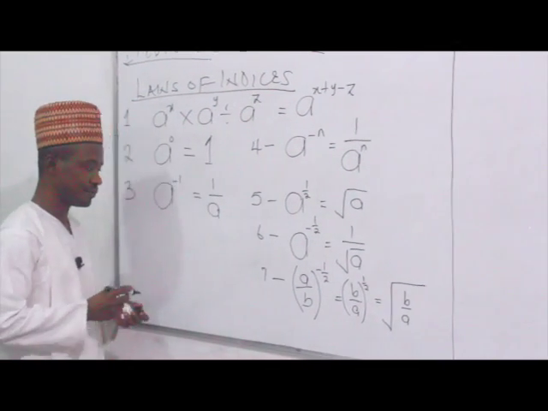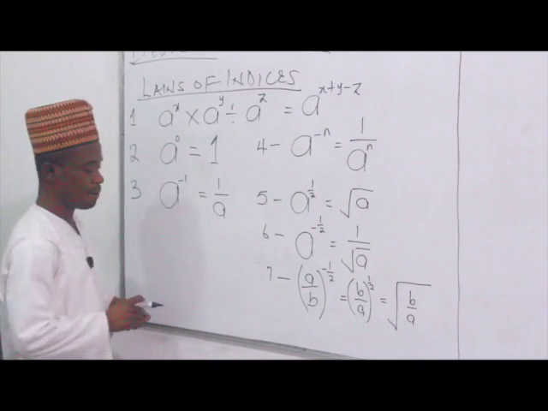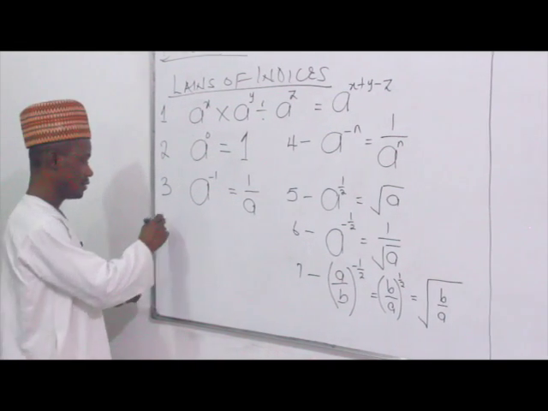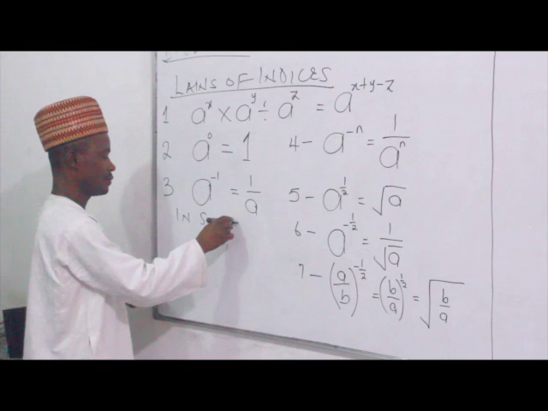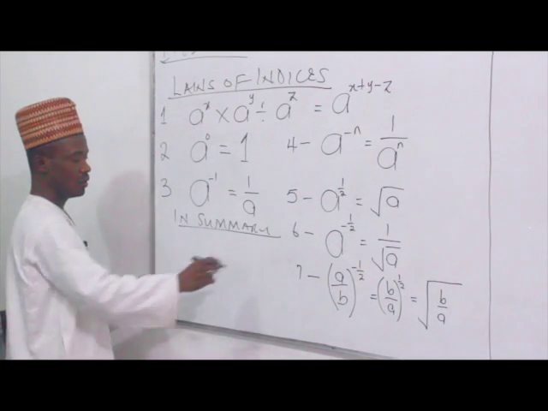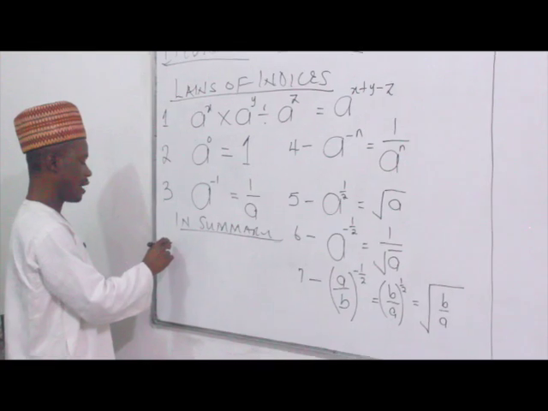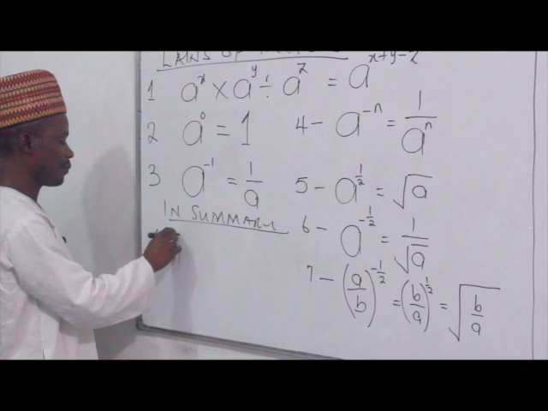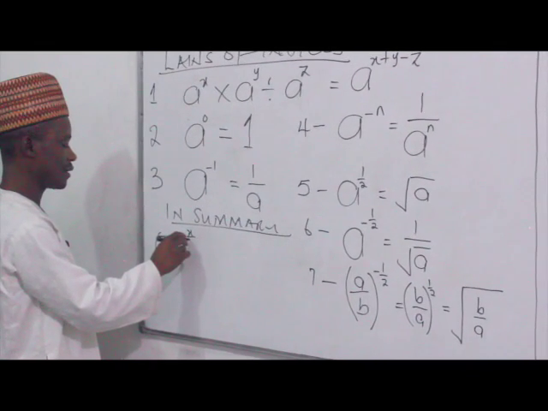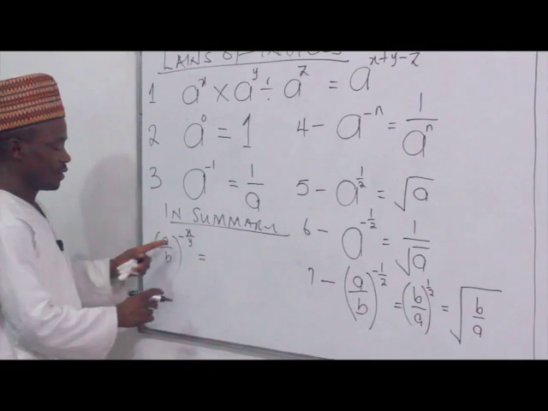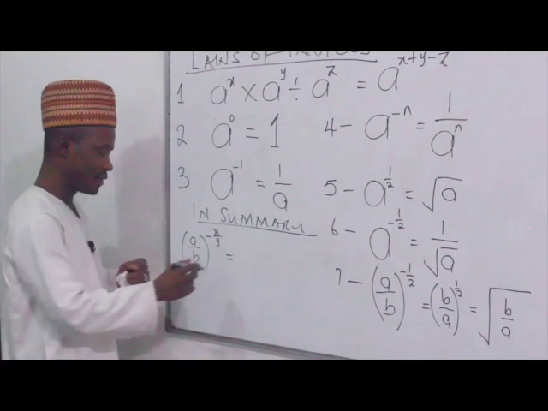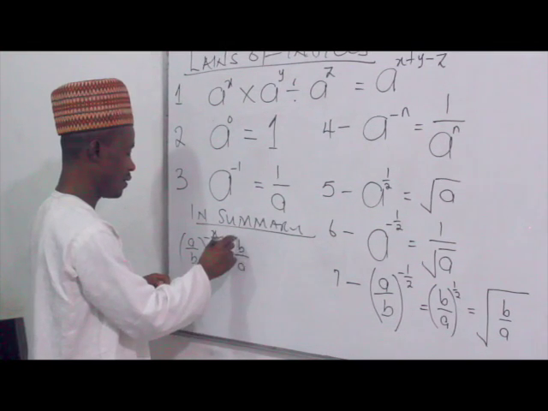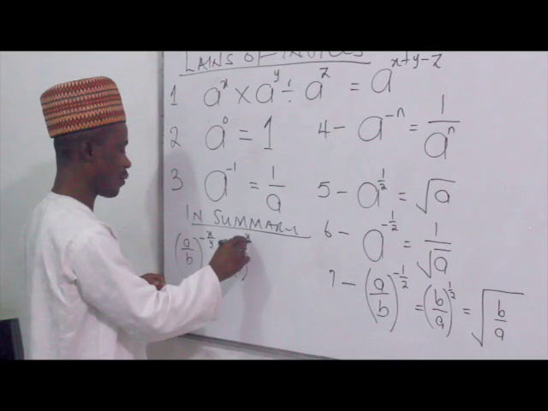So in summary, this can be denoted this way. If you have a over b all raised to the power of minus x over y, this would be the same thing as removing the negative index and taking the reciprocal of the base, b over a, all raised to the power of x over y.